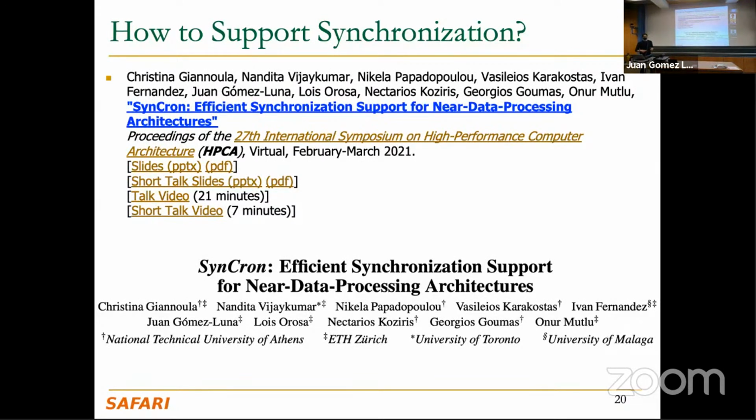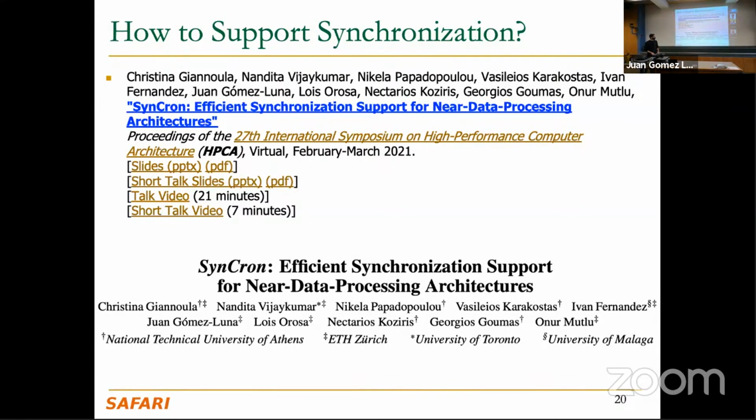So that's not an easy task because, as you may remember, one typical way of synchronizing different threads is using a shared level of cache or a shared main memory, but processing in memory systems may have more the appearance of a distributed system, right? And in that case, we don't have a shared memory space, so we need to come up with different ways of doing it.